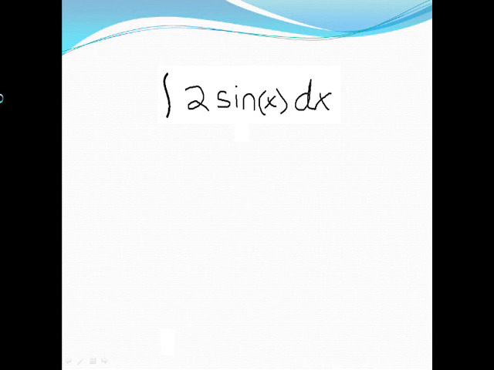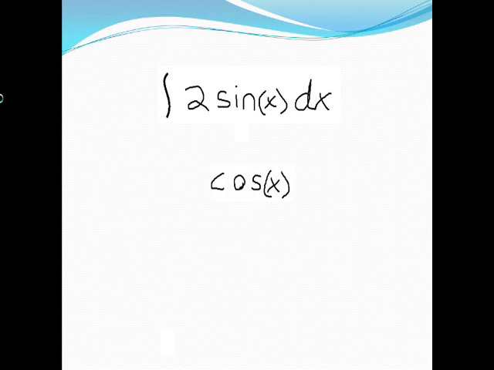Okay, so for this one, you start off and notice that there's no bounds on this one, so you don't even have to worry about f of b minus f of a. You don't have to recognize anything. So you're just taking the antiderivative in this problem, and you're done. So it's real simple. The opposite of sine, if you know your derivatives, is cosine.